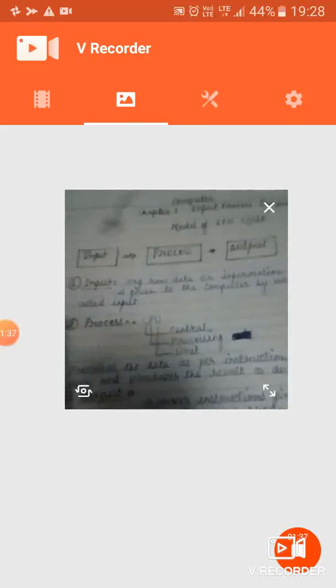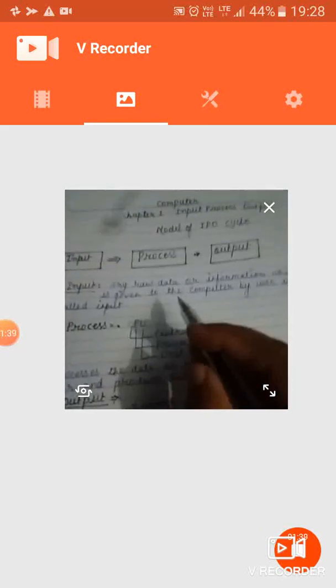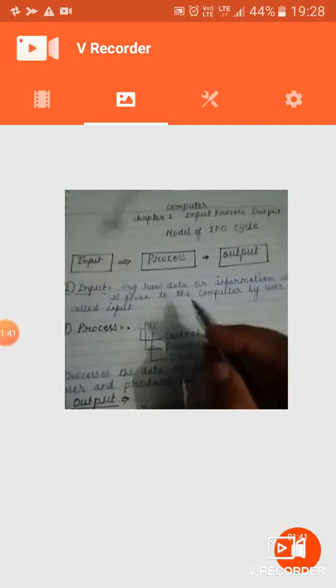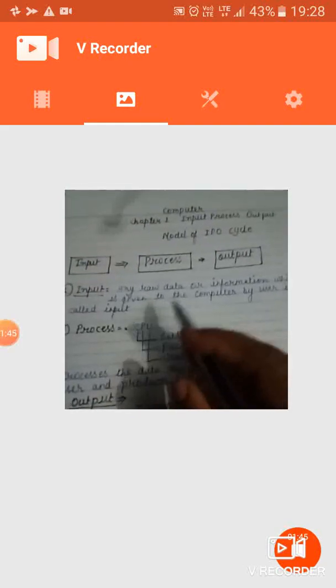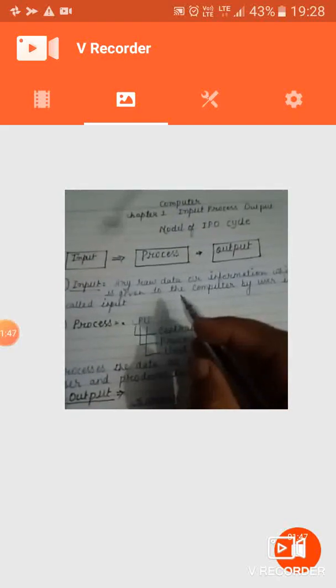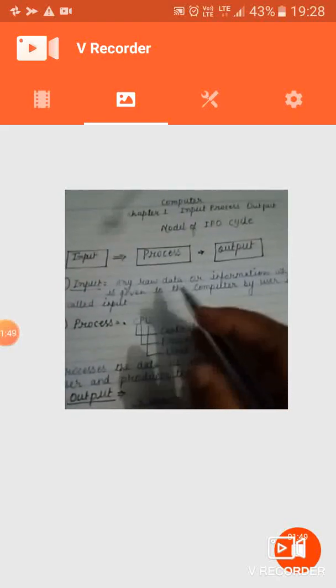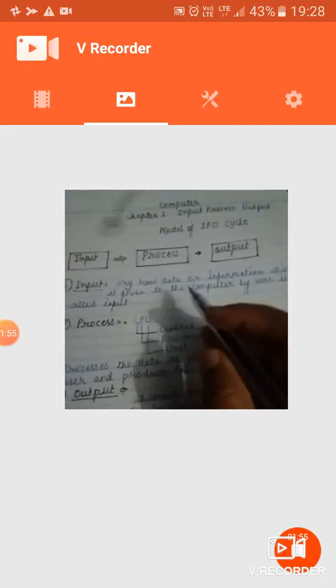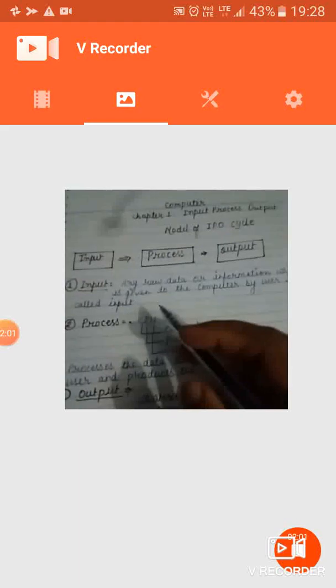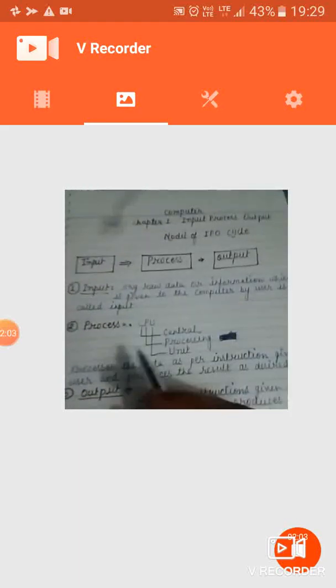For example, if you have written your name with the help of a keyboard, the keyboard being an input device, that is called input. Input means any information which is given by the user to the computer.